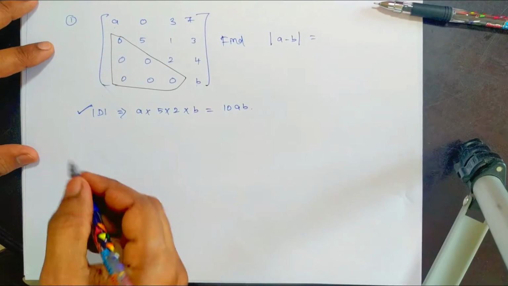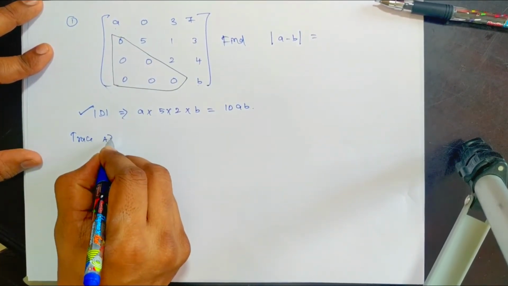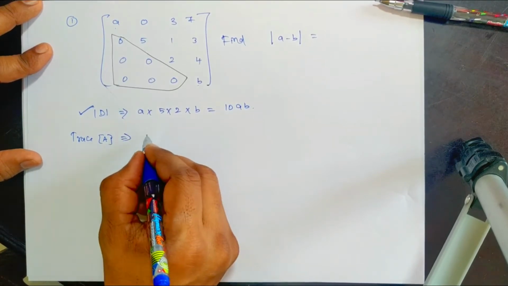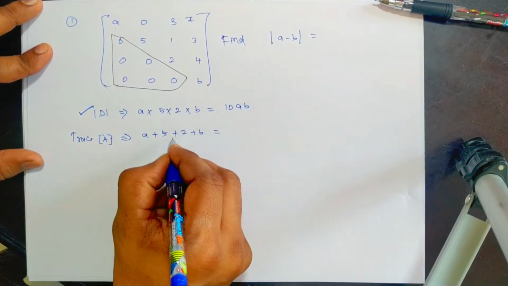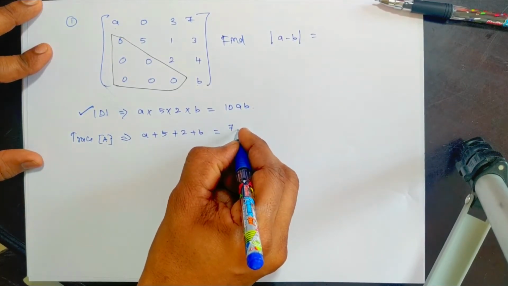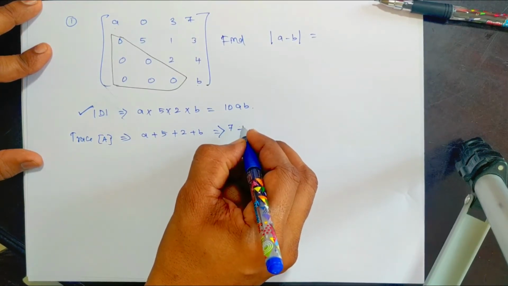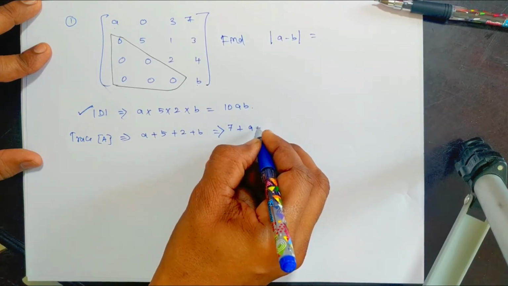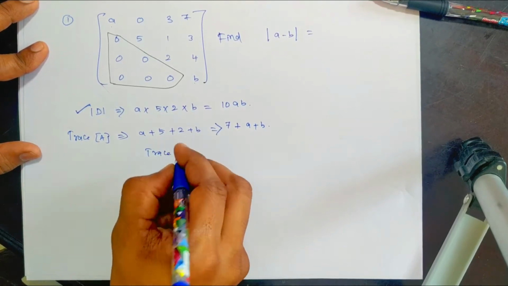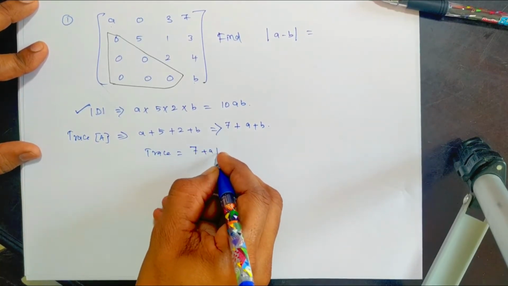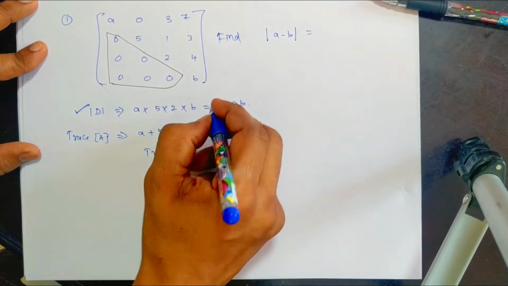Then what we do, we can take the trace of the matrix. So trace of the matrix is equal to the addition of A plus 5 plus 2 plus B, which will be 7 plus A plus B. So trace is equal to 7 plus A plus B, or A plus B is equal to minus 7.